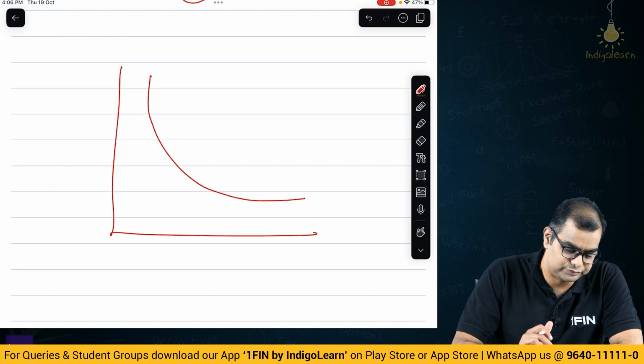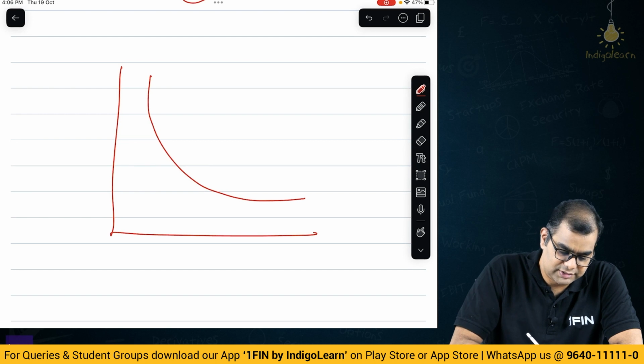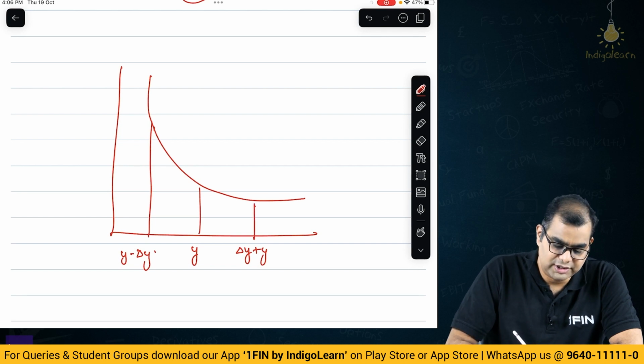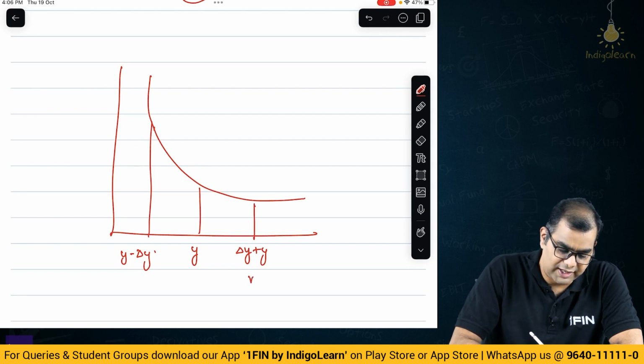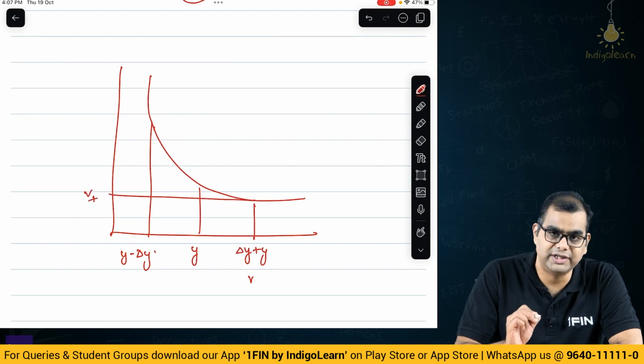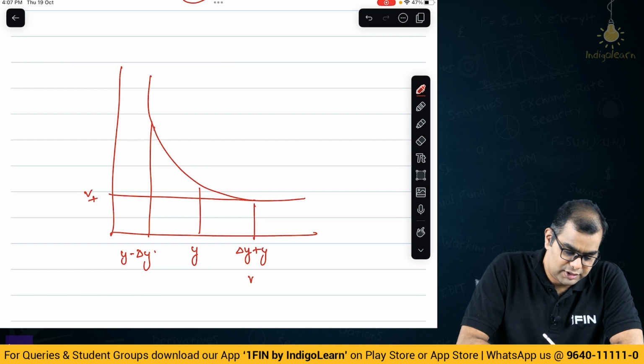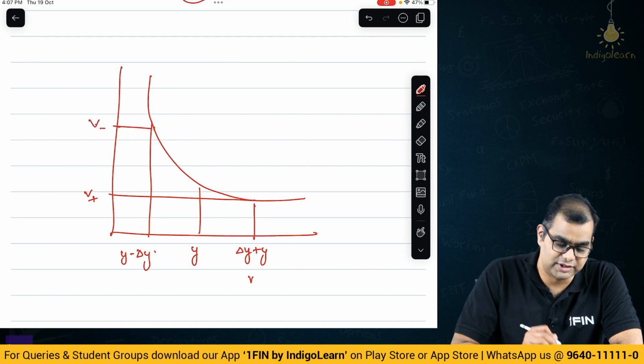Let me explain. Initially when I discussed Y, delta Y plus Y minus delta Y, there are these three prices. This particular value is called V plus, that is when yield increases, what is the value? This value is called V minus, that is when yield decreases, what is the value?